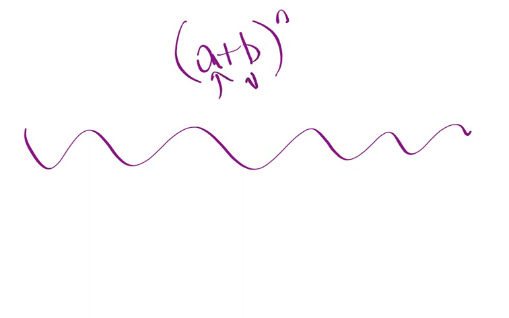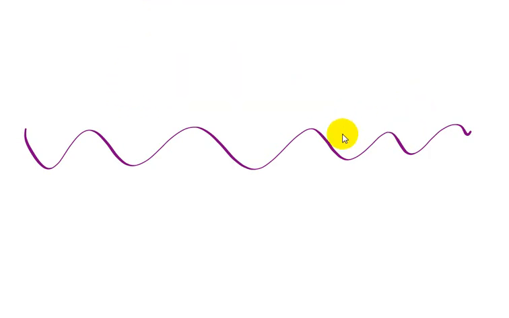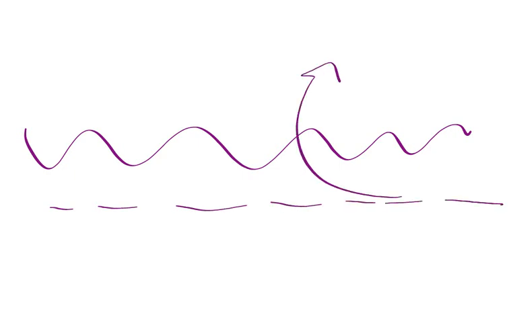What was A, what was B, and to what power of n? Okay, this is where we're working now. Well, what would we have to do to figure that out? If we have a long, 7-term polynomial, we would have to work backwards to get to that A plus B to the n, right?